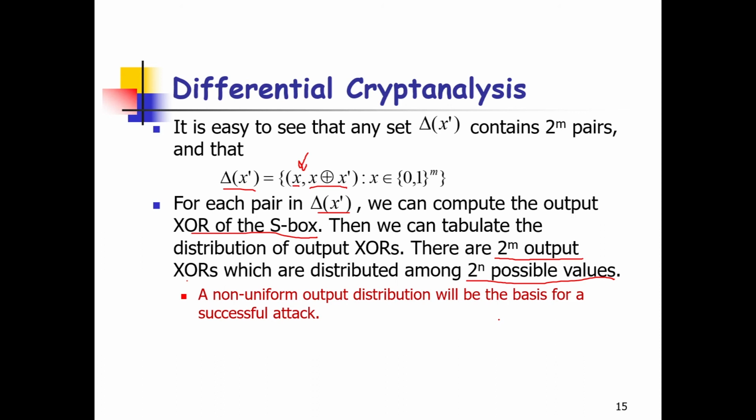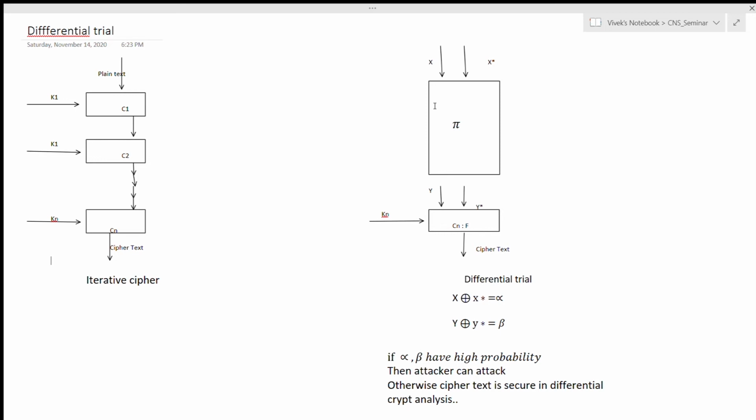Now let's see in the notepad. So let's understand the differential trail in an easy way. We know from our previous discussion that the iterative cipher is like that, where we provide the plaintext and keys k1, k2, till kn, to the different ciphers c1, c2 and cn connected in series, and we get the last ciphertext.